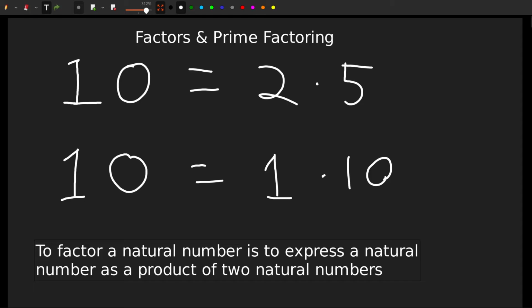Okay. So to factor a natural number is to express that natural number as a product of two natural numbers.